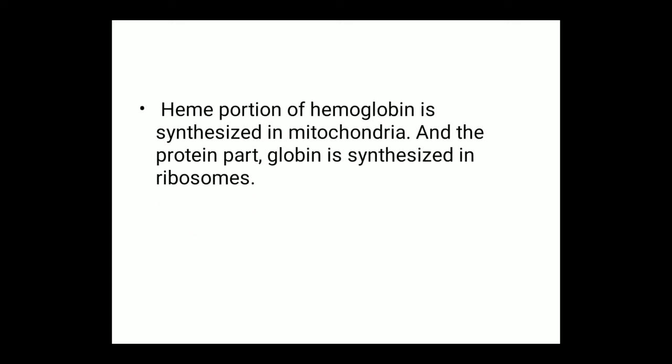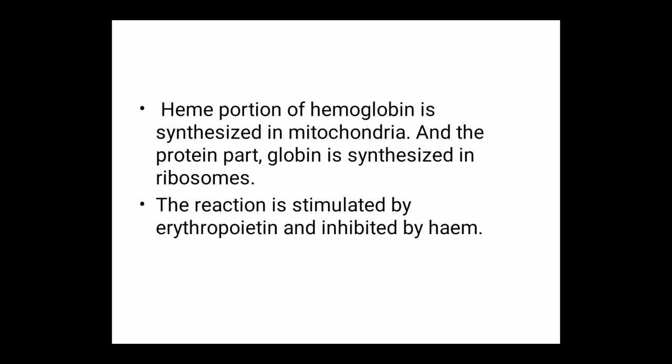Reticulocyte is the last stage of immature RBC. The heme portion of hemoglobin is synthesized in mitochondria, and the protein part, globin, is synthesized in ribosomes. The reaction is stimulated by erythropoietin and inhibited by heme.